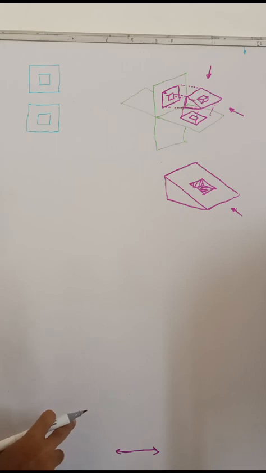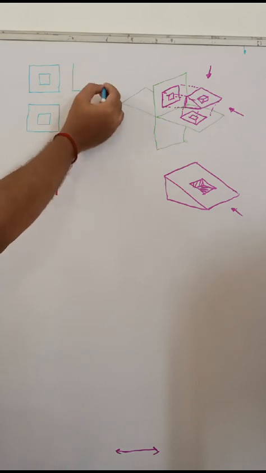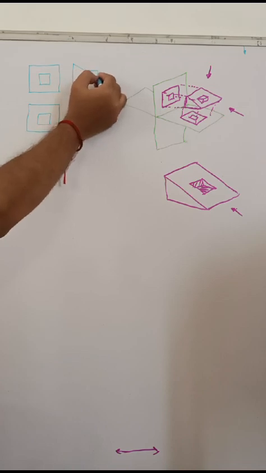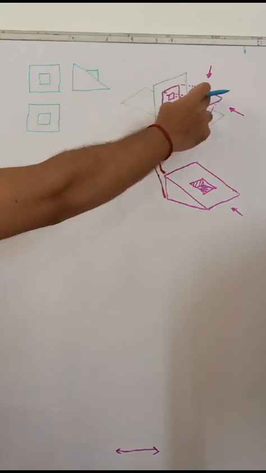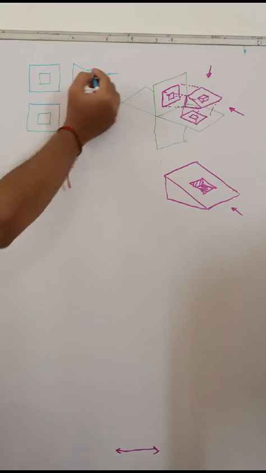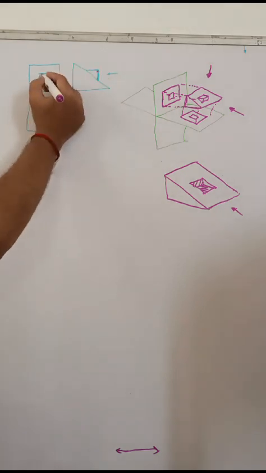So in this case, if you want more clarity, then you need another view, that is side view. If you take a side view here, if it is like this, so this is the first case where if you see from this side, so this is the face and this face will be here.